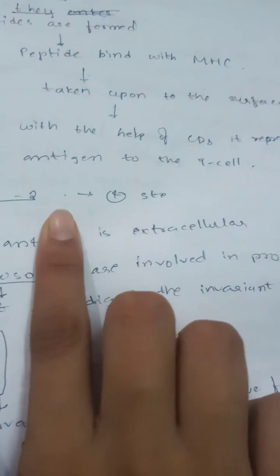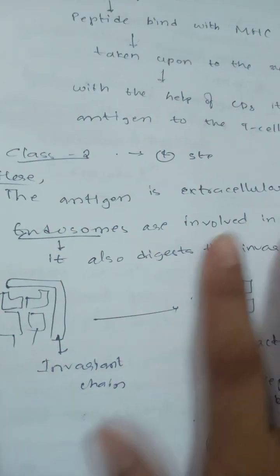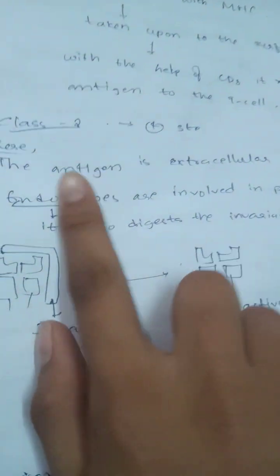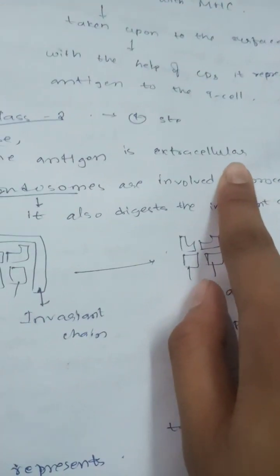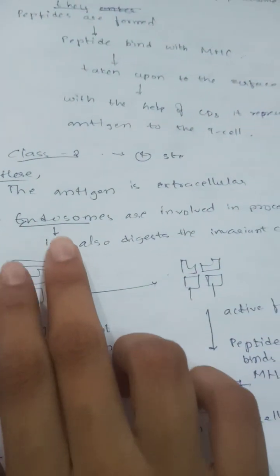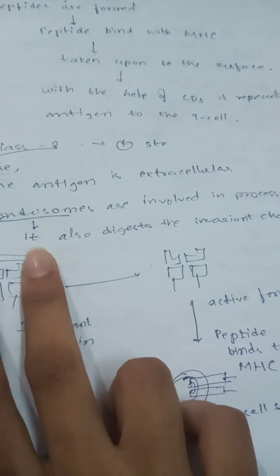In the same way, the class 2 pathway is also a 4-step pathway, but here the antigen is extracellular. In the processing of antigen, endosomes are required.